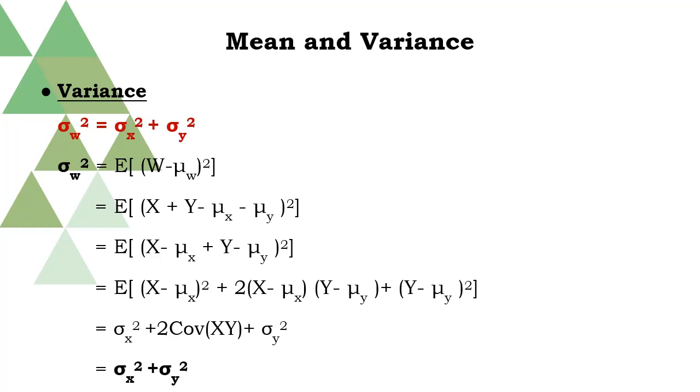The last term is the expected value of Y minus mu Y whole square, which is nothing but the variance of Y, that is sigma Y square. Now since X and Y are independent, the covariance of XY will be equal to 0. So the second term will be 0, and what we get is sigma X square plus sigma Y square.